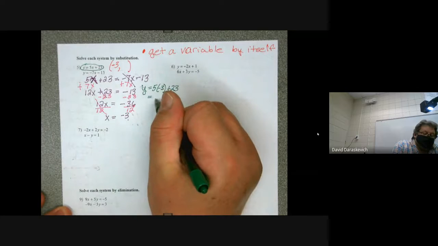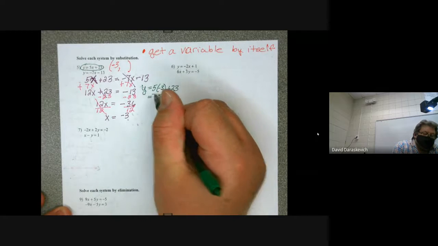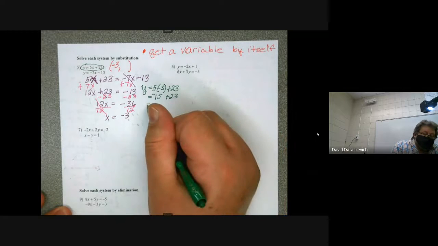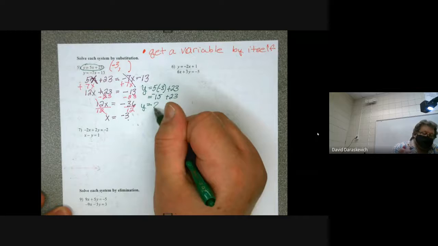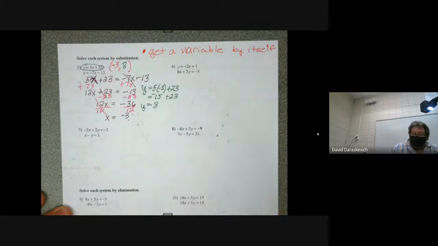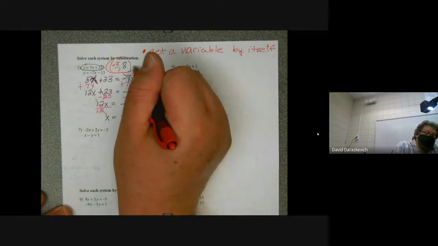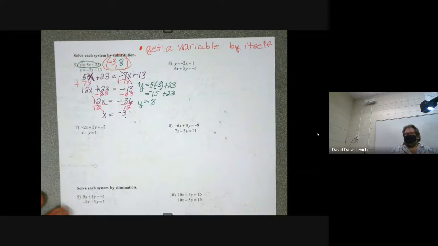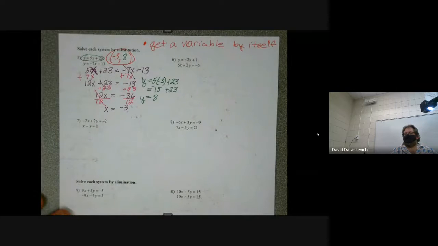I have -15 plus 23. So I know that y equals +8. So there's my answer. Now you could go back and check to make sure it works in the other one. It's up to you.